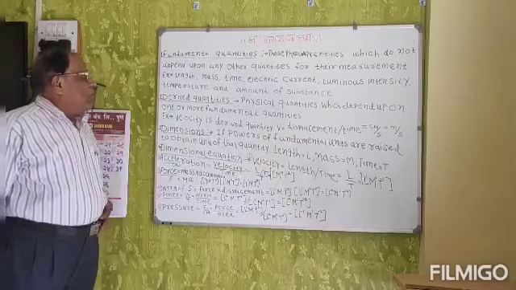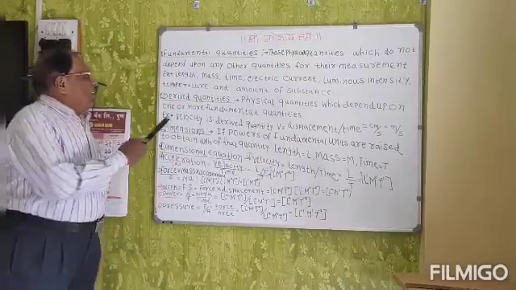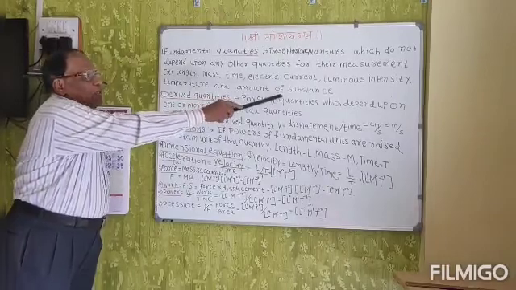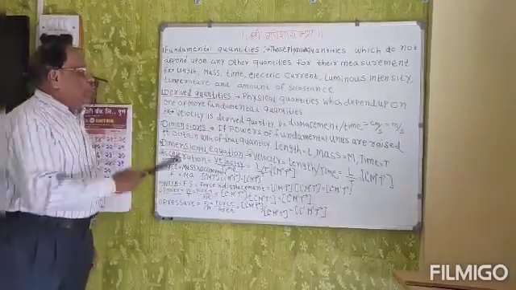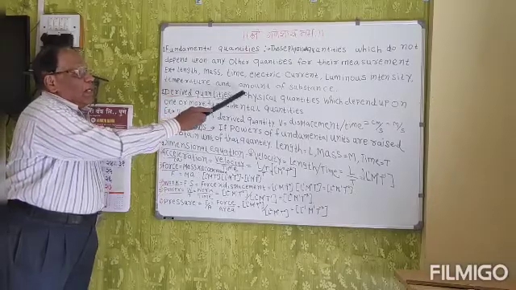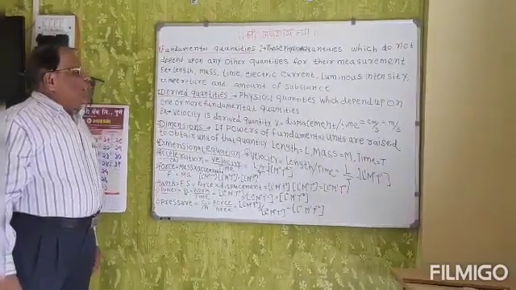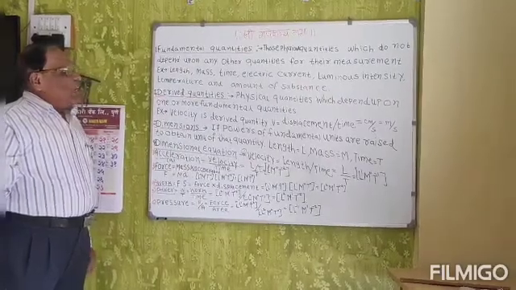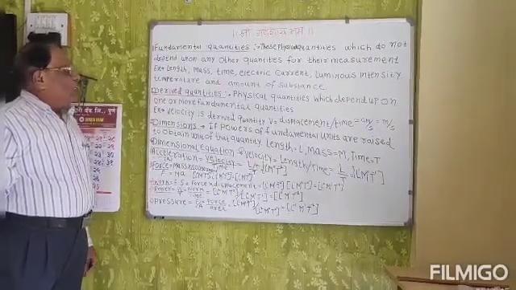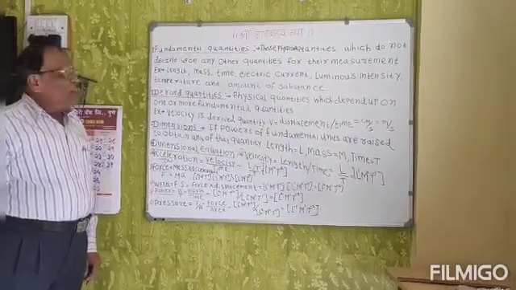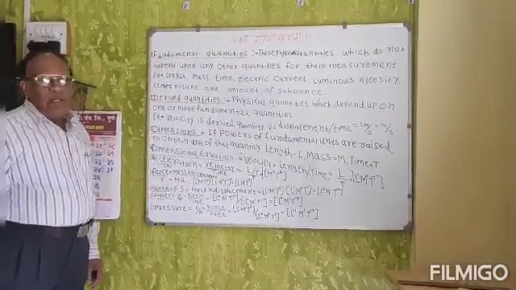For example, length, mass, time, electric current, luminous intensity, temperature and amount of substance. Those quantities are not depending on other quantities and therefore they are called fundamental quantities.